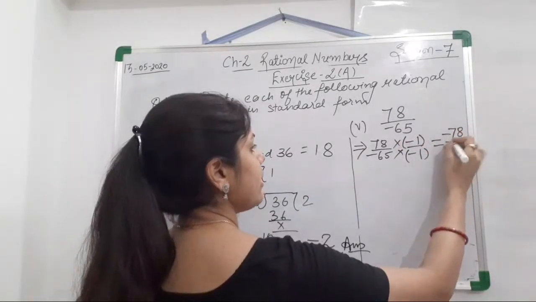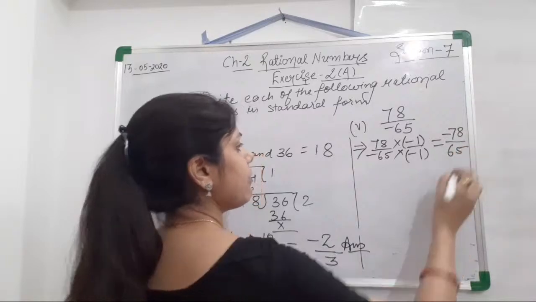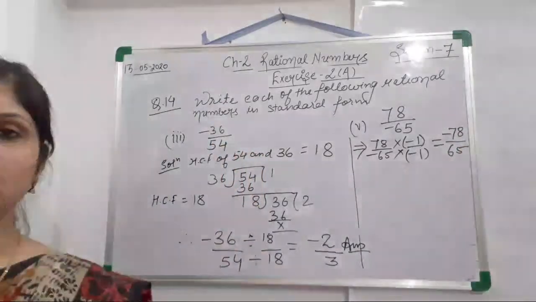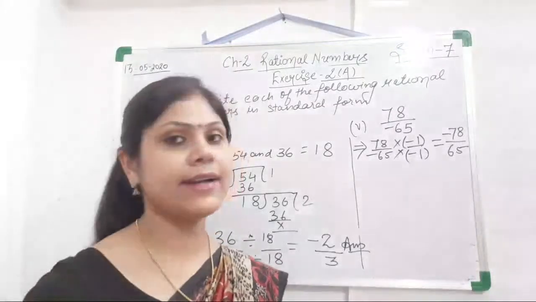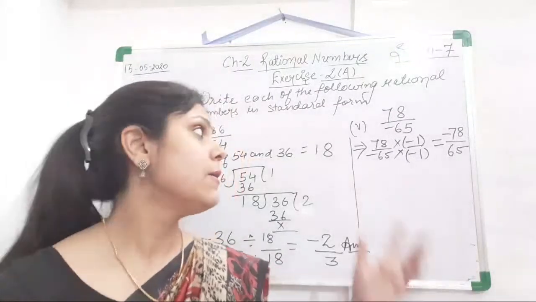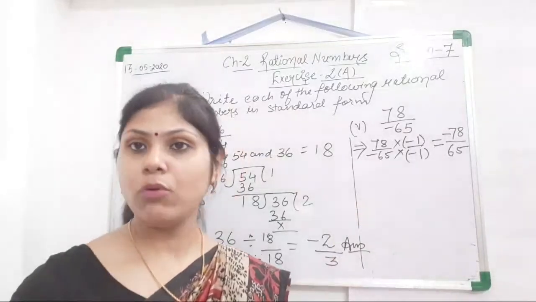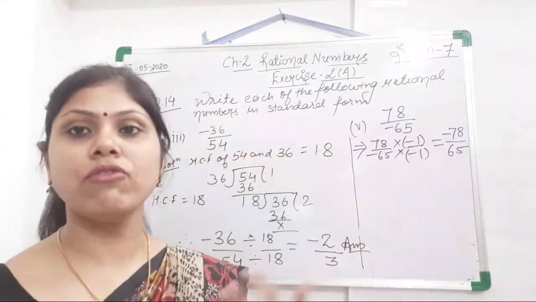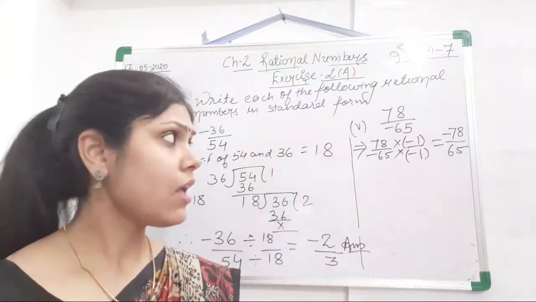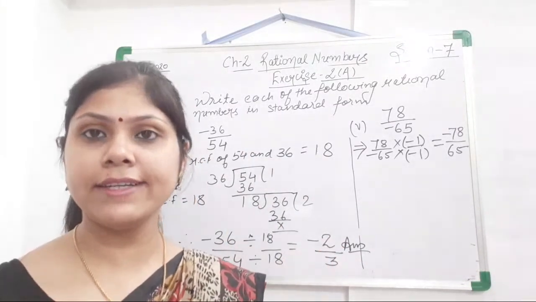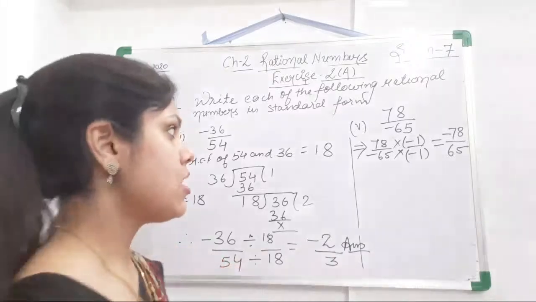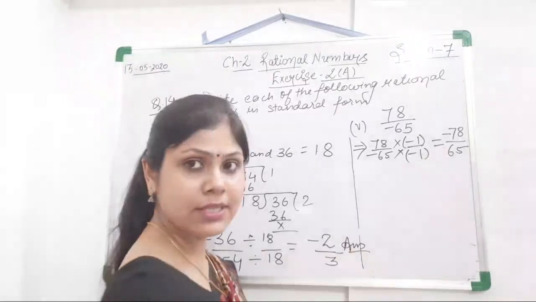Minus 78 upon 65. And this you can do directly also. You have to multiply by minus 1, and without writing that minus 1 you can write directly minus 78 upon 65. After doing 3-4 questions, it will be understood how you have just converted the numerator to negative and the denominator to positive. Now you got minus 78 upon 65.